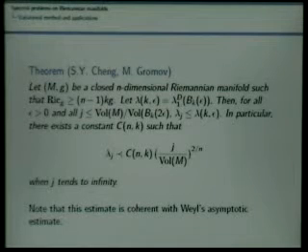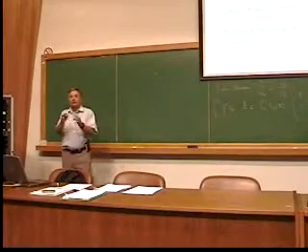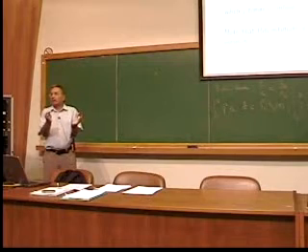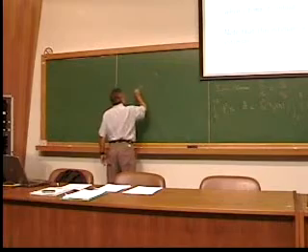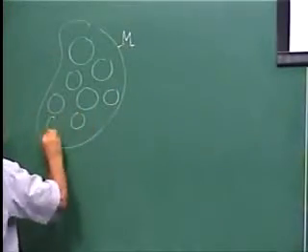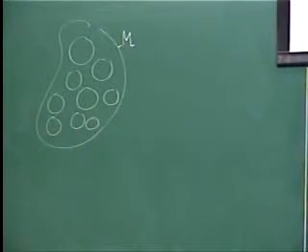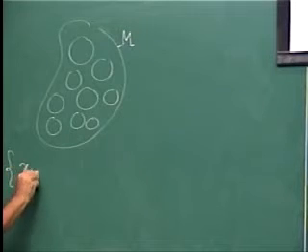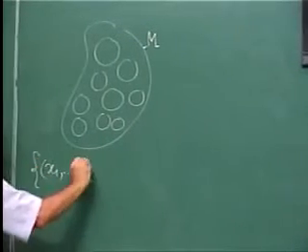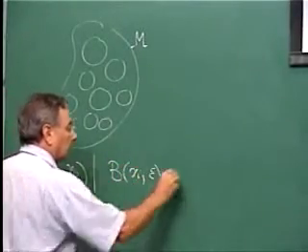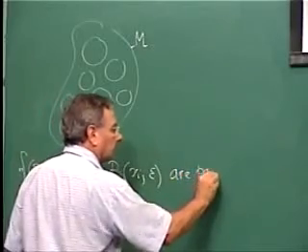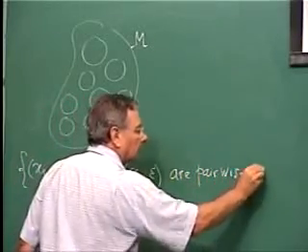Okay, so the idea is as follows. So you have your manifold M, and then the idea is to cover the manifold by small balls. Okay, so I will put as many balls as possible. Okay, so I consider the families such that the balls are pairwise disjoint.